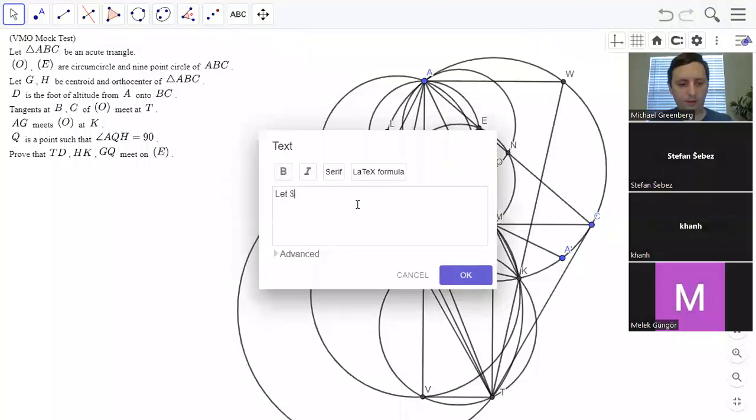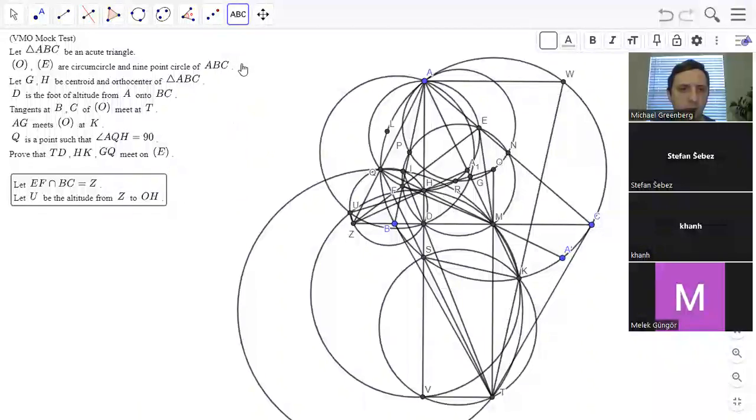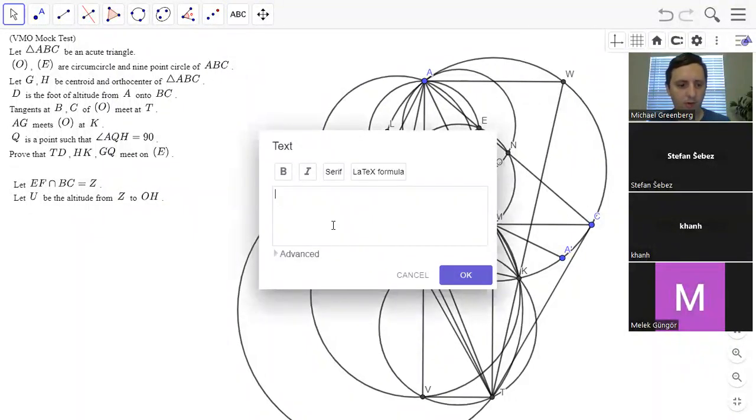So let EF intersect BC at Z. Let U be the altitude from Z to OH. Then Z, U, H, D, and Q, so A, Q, and Z are collinear. That's well known. It's on my channel in video 5, I think.